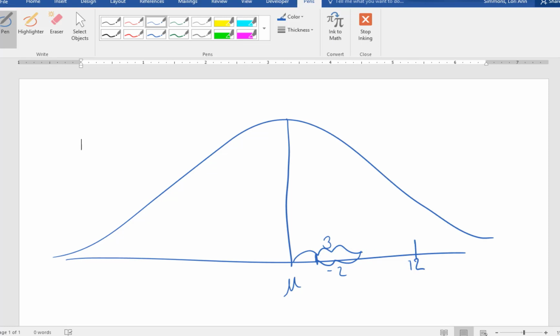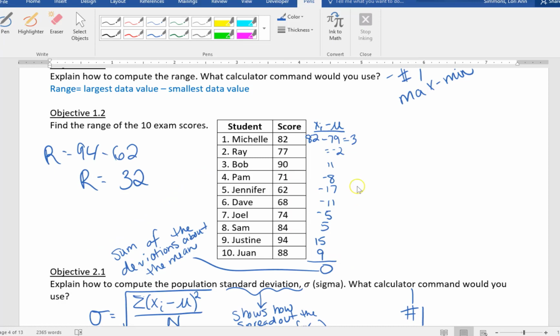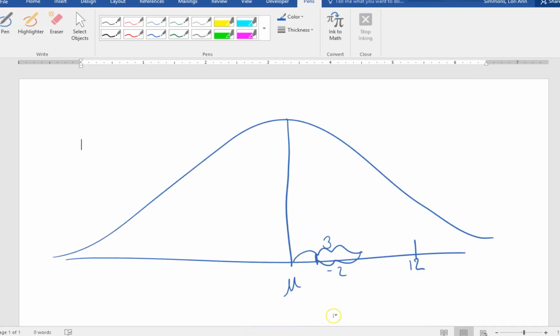And then if you go back, I'm just using these numbers. So now we're on negative 8. So negative 8 from 12 will give us 4. Then negative 17. So 4 minus 17 is a negative 13.